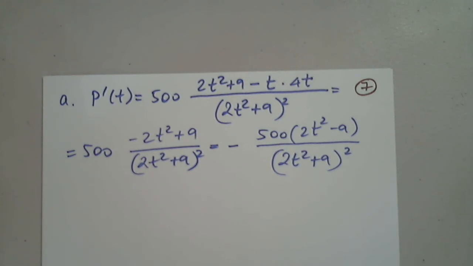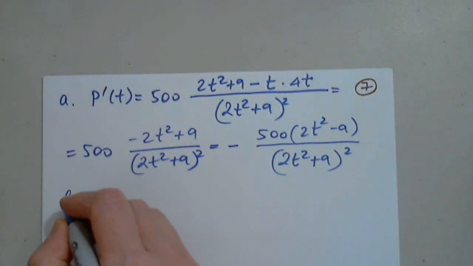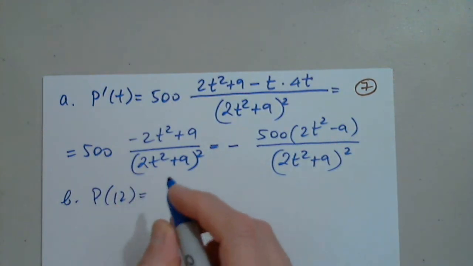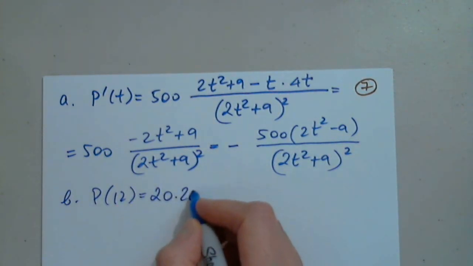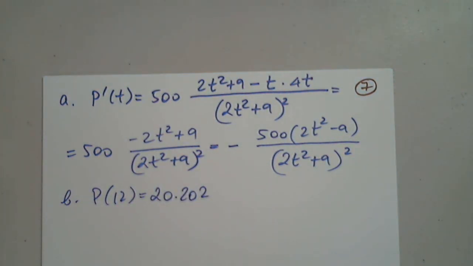So the function, part B, P of 12 is 20.202. I can go and see the whole number by highlighting it. And when I go to the other one, part C, P prime of 12 equals negative 1.581.